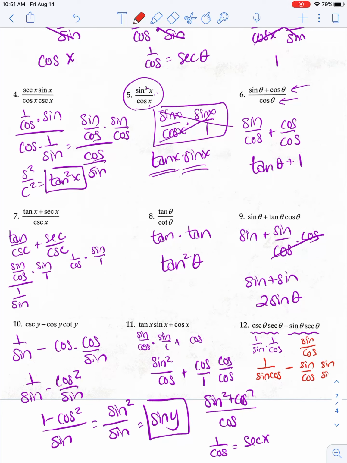So this is sine over cosine. So then I'm going to give him a sine to make this a common denominator. So 1 minus sine squared over sine cosine. 1 minus sine squared is cosine squared. And then cosine over sine is cotangent.